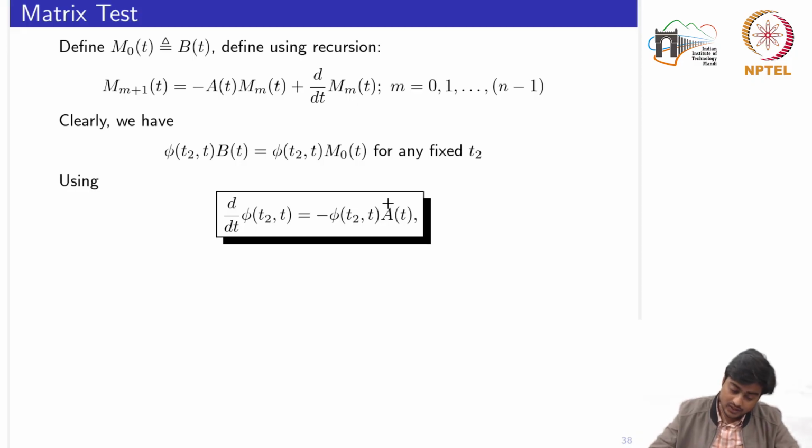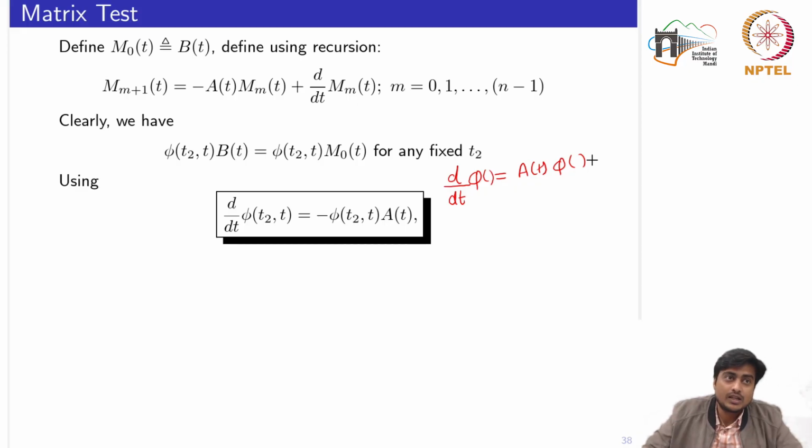Now recall from the first week, the original result says that if I take the derivative of the state transition matrix, then it is equal to A of t into the state transition matrix. This is in fact one of the properties of the state transition matrix, that it should satisfy the homogeneous equation for the time varying case.